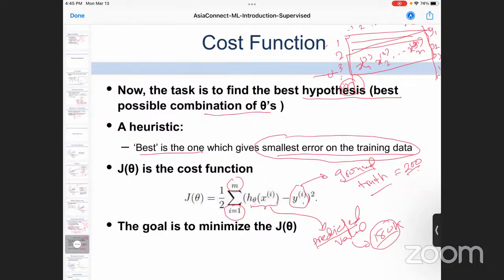But for this example, you have already observed that the value is 200. So this is the difference between predicted and ground truth, or predicted minus observed. Ground truth or observed, you can use any term.